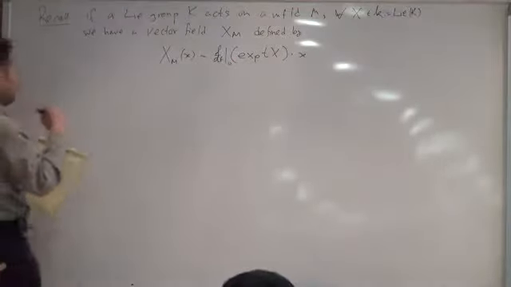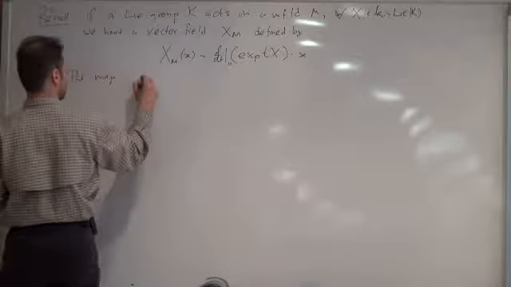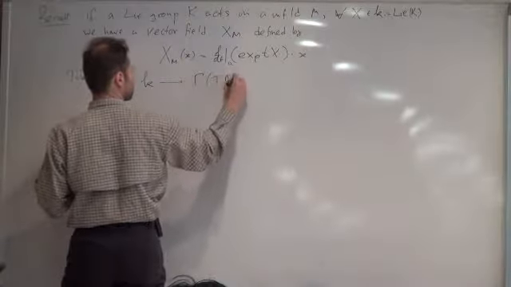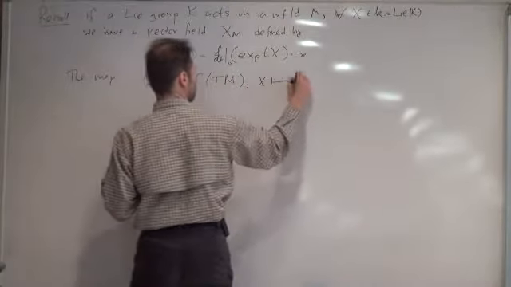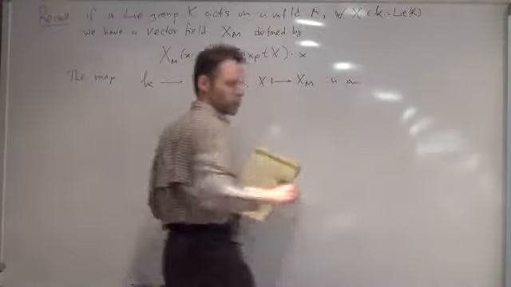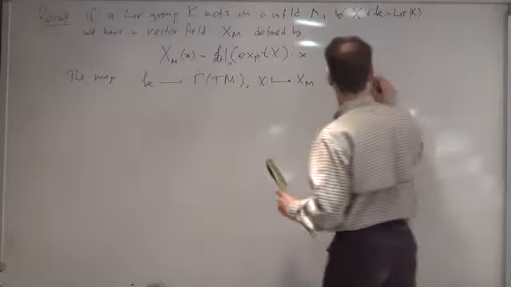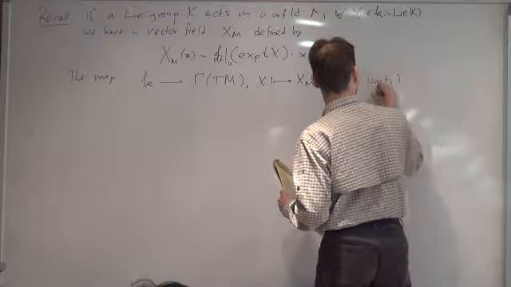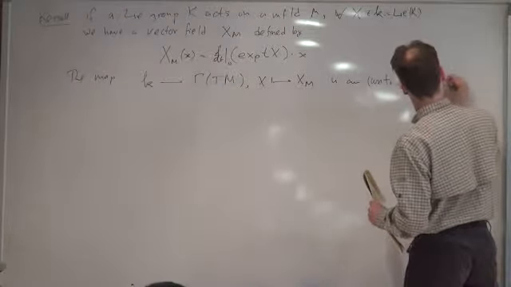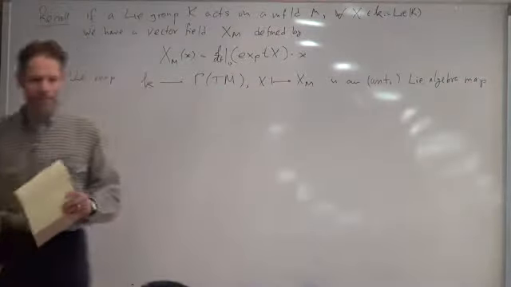Okay. The map from the Lie algebra to the vector fields, x goes to x sub m, is... and well, here's where the signs strike again. It's a Lie algebra map, but maybe with a sign thrown in.